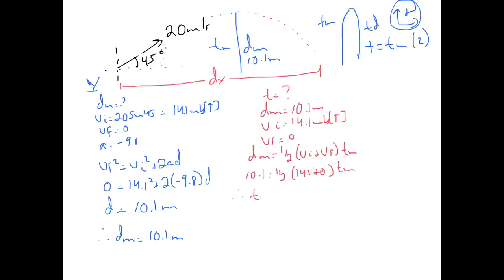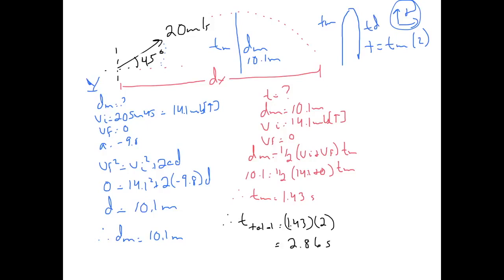And therefore Tm is 1.43 seconds. Now the total time, as we said above, is going to be 2 times that. So T total is going to be 1.43 times 2, which is 2.86 seconds.